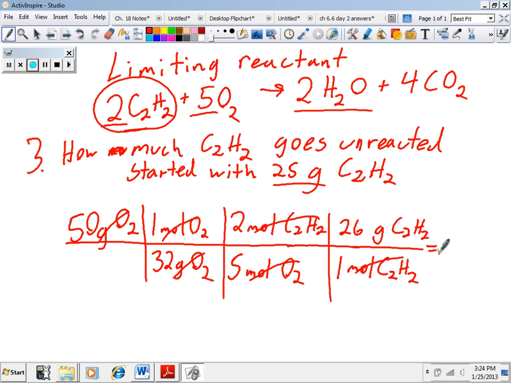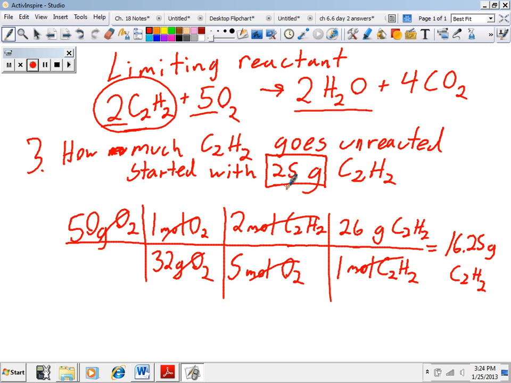So we do our math across and divide, and we get 16.25 grams of C2H2 reacts with the 50 grams of O2. And we notice that that is less than what we had at the start. We have excess C2H2, which is why it's called the excess reactant.